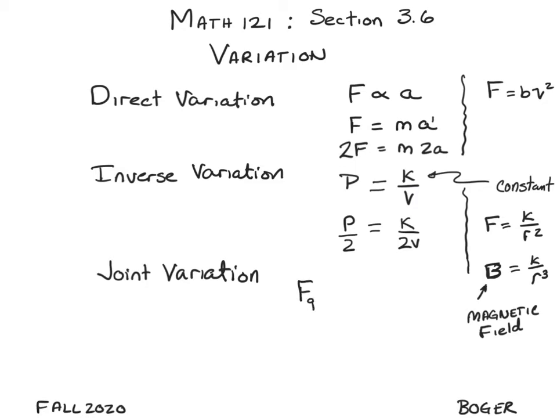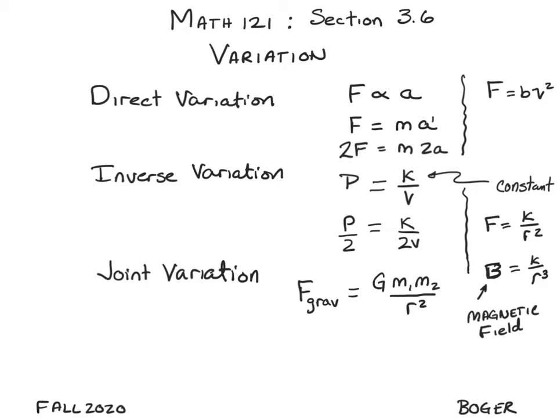So force of gravity is equal to a constant known as the universal constant of gravitation times mass 1 times mass 2 divided by distance between them squared. So here's the joint variation. Gravity depends on the variable of how much mass in number 1, how much mass in number 2, and r squared. So there could be 3 different variables in here and only one constant.